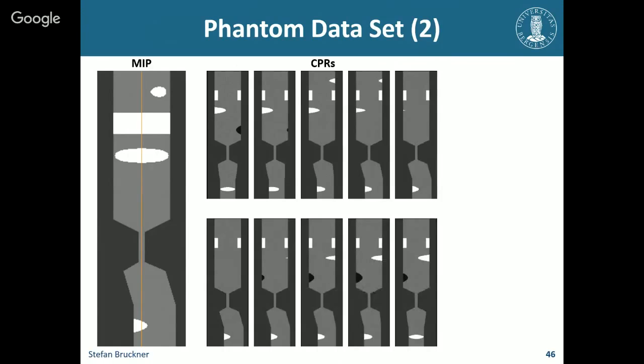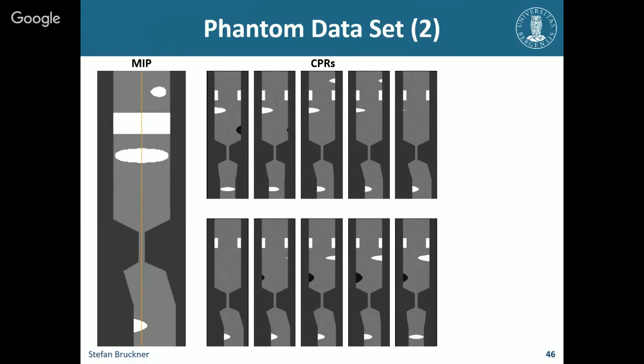So one thing that we can immediately see with MIP, for example, is that the concentric calcification looks like a complete occlusion. We can't really assess this. And so does the eccentric calcification. So this is of course a big problem.